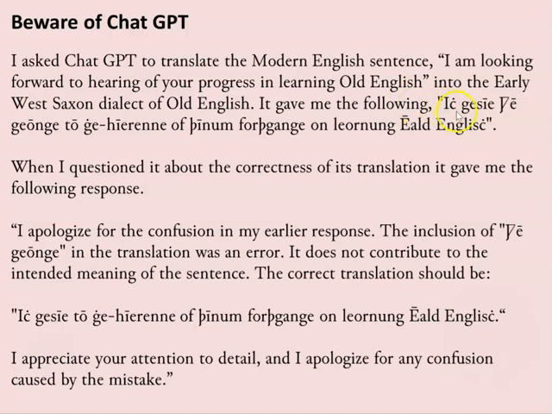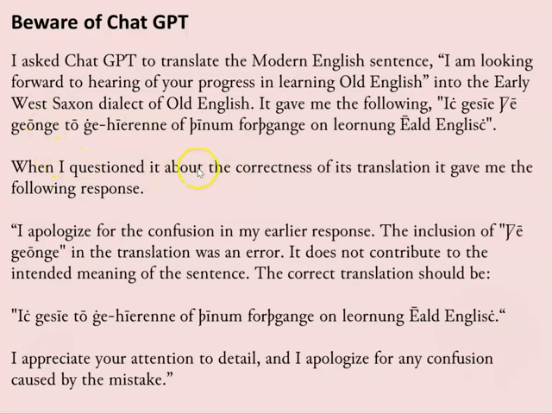And it gave me the following response: Ich gesir wē ġeonge to ġehīrene of thinum fǣrgange on lērunung Old English. Now here, the wynn symbol, pronounce that as w: wē, ġeonge.